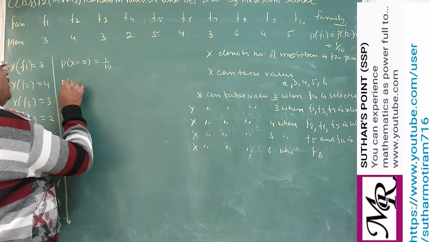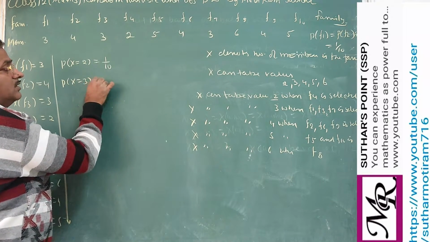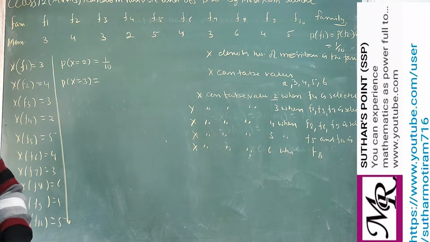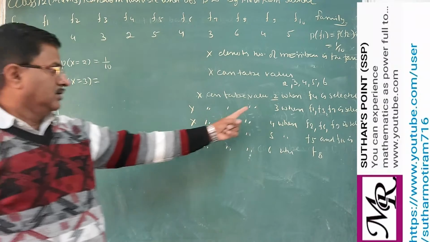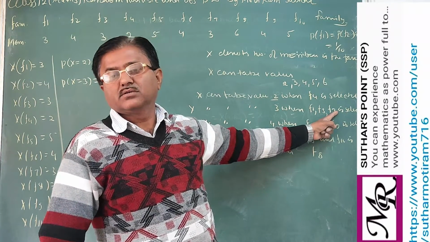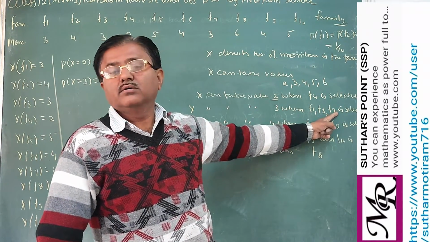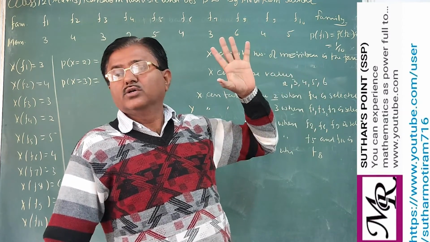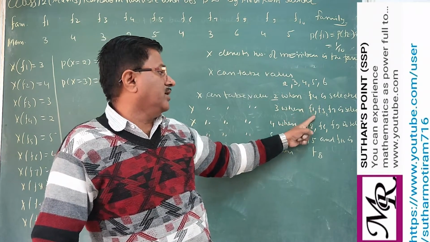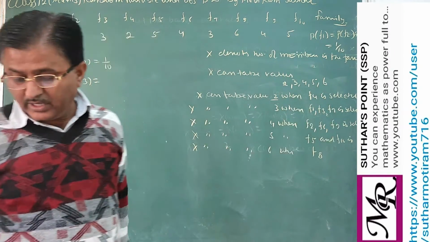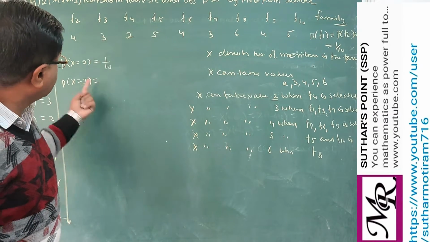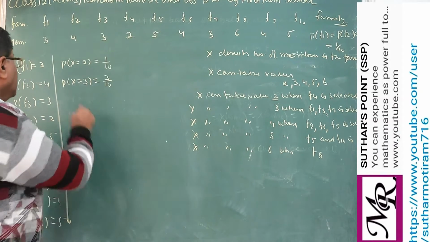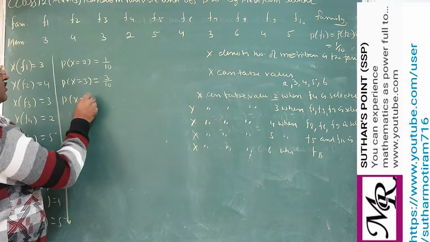Similarly, the probability of X equal to 3. When X equals 3, there are 3 families with 3 members: F1, F3, F7. Each one is 1/10, 1/10, 1/10. So the probability of getting 3 is 3/10. Similarly, the probability of X equal to 4.